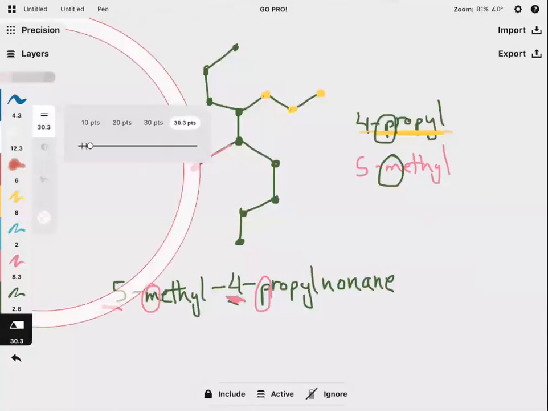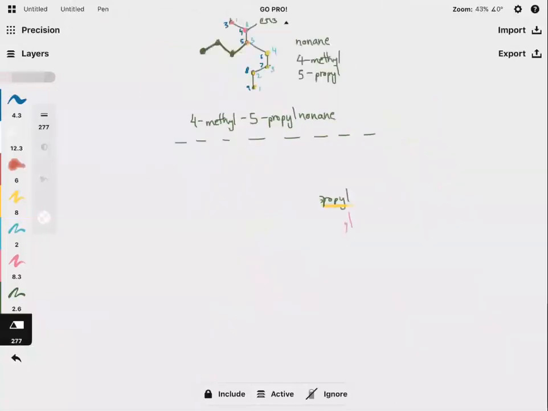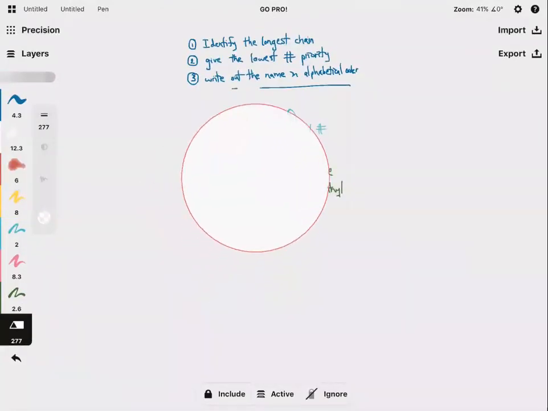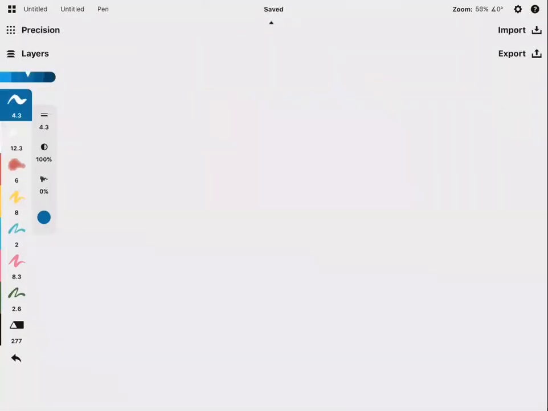So let's erase all this. And we'll do a little transition here, and go into cis and trans of cyclohexane rings.